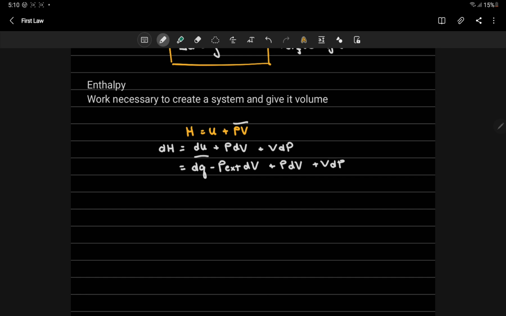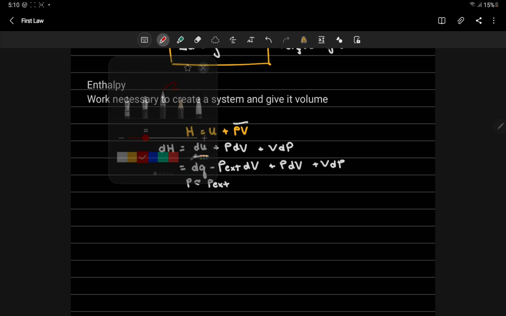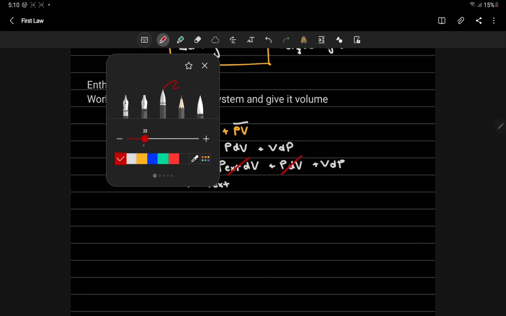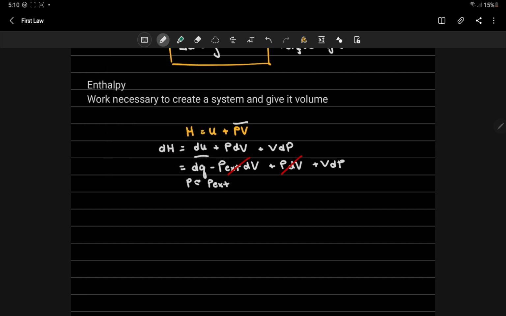Now, let's assume that the pressure is approximately equal to the external pressure. When that happens, we will be able to reduce this expression, so we can cancel these two terms. So in the end, the differential of enthalpy, dH, will be equal to dQ plus V dP. That is now the differential form of our enthalpy.